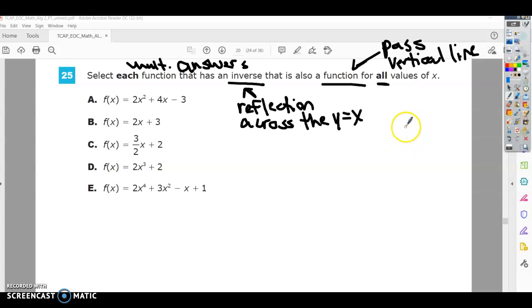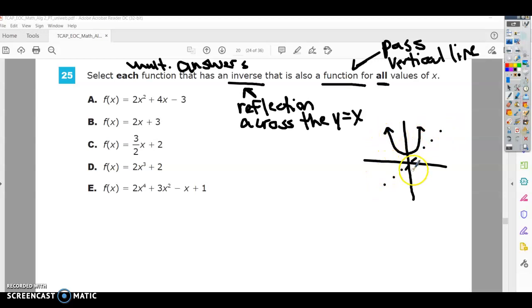So first thing, bear with me, my graphs are going to be terrible. A quadratic function with a positive leading coefficient is going to be a U-shaped graph. The line y equals x goes between quadrants 1 and 3, it kind of breaks it in half.